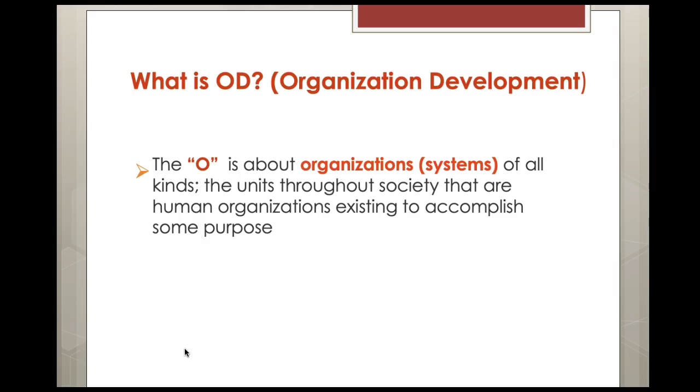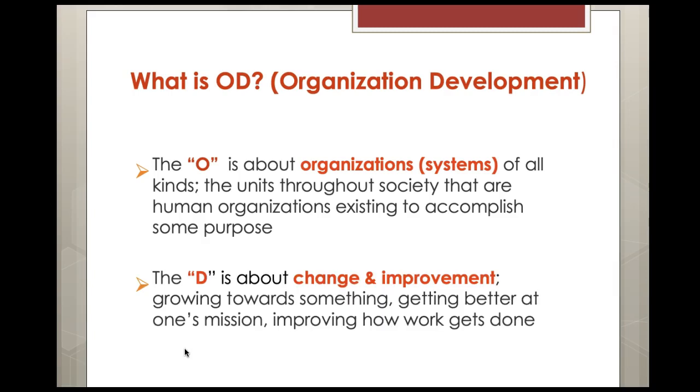So these are the units throughout society that are human organizations existing to accomplish some sort of purpose. The D is about change and improvement, development, growing towards something, getting better at one's mission, improving how work gets done. And just a note that it is organization development and not organizational development.